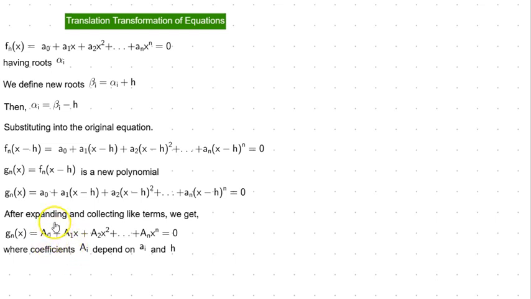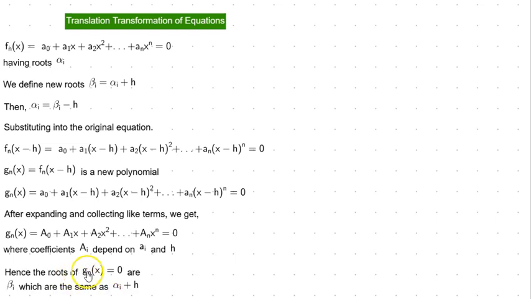Plus, now similarly, we look at the coefficients of x after expansion. So we have a sub 1 x plus a sub 2 x minus a sub 2 times 2xh and so on. If we add up all those, we get the capital A sub 1 of x. So basically that's what this statement means after expanding and collecting like terms.